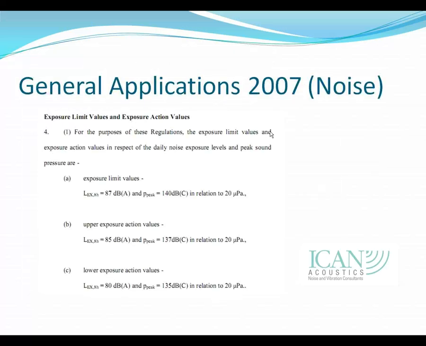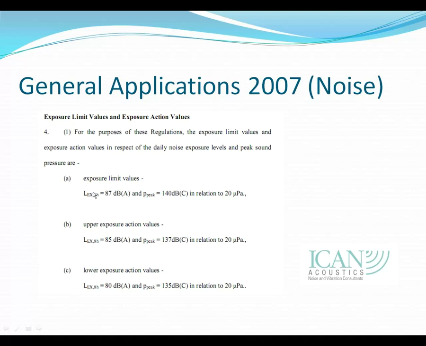Okay, looking at the General Application 2007 on noise that I spoke of in the last couple of slides, this sets out exposure limit values and exposure action values. Now, just to explain, during the daytime period, there is an exposure limit value.